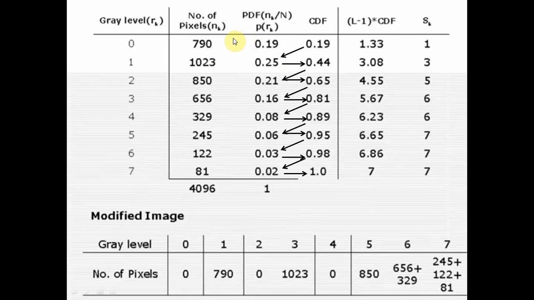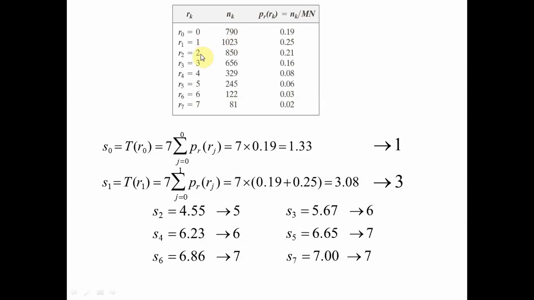Now what will be the summation for gray level value 2? j goes from 0 to 2. So you have 7 multiplied by 0.19 plus 0.25 plus 0.21, which is 5.67, and that will be 6. Similarly, you will find up to S7, that is 7.